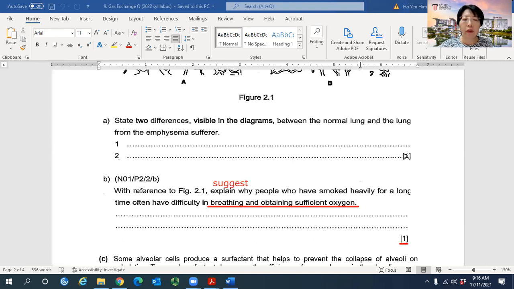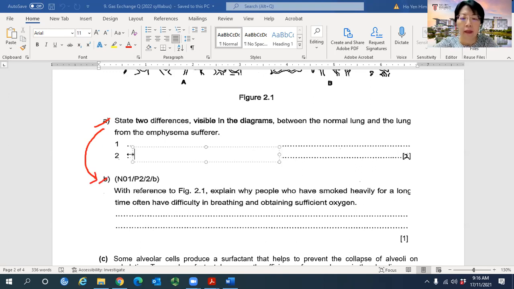Based on the diagram, the answer in part A will lead you to answer the question in part B. Because in part A, we already say that there are fewer alveoli, or less surface area for gaseous exchange. So this answer will link to part B.